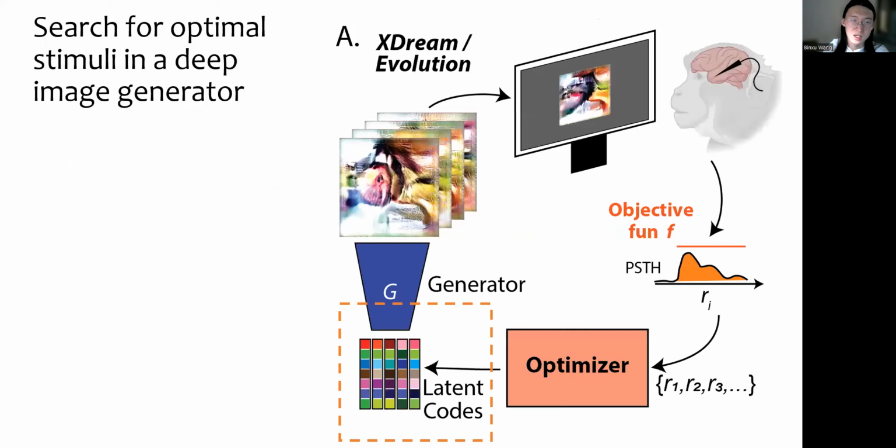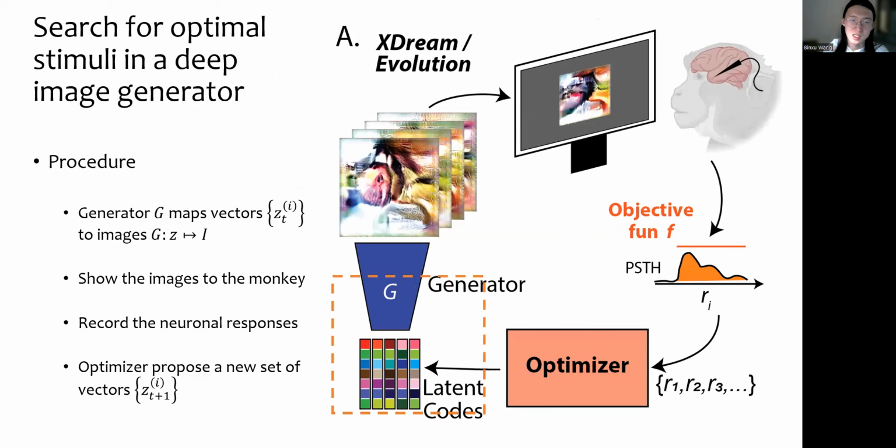In previous works, we have proposed a method to search for optimal stimuli in the deep image generator. Briefly, we choose a bunch of latent codes and map them to images using a generator, and then show these images to the monkey, and record the neuronal response using electrodes implanted in the visual cortex of the monkey's brain.